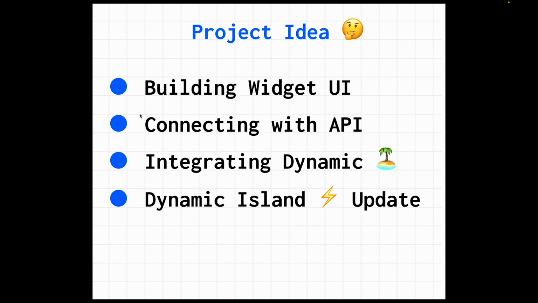We will use a football match to show in our dynamic island, and we will automatically update the scores of team 1 and team 2 based on this API, passed by Flutter to the dynamic island, right? So that we will see. Then we will integrate the dynamic island inside our Flutter application, and after that we will do the real-time integration. So we have a lot of things to do.